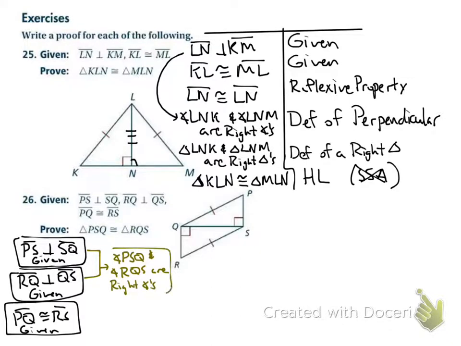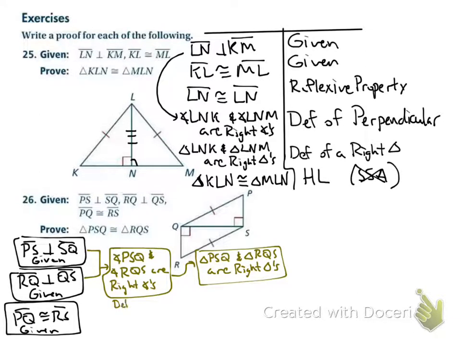And then, if they're right angles, we can say that PSQ and RQS are right triangles. Now, we got that first one, or that previous step, by the definition of perpendicular lines.